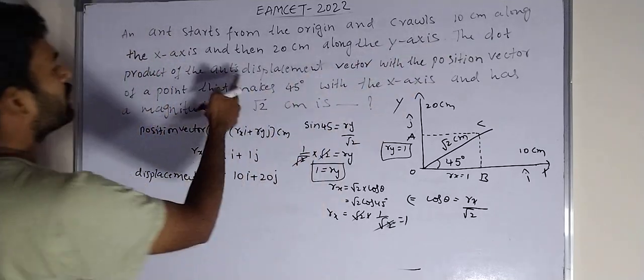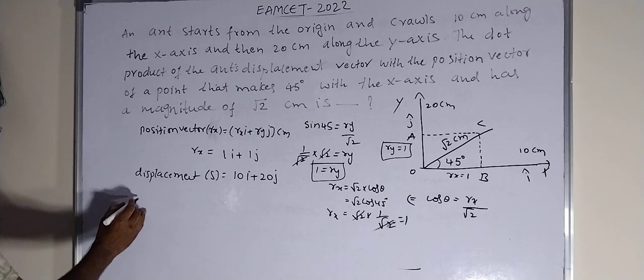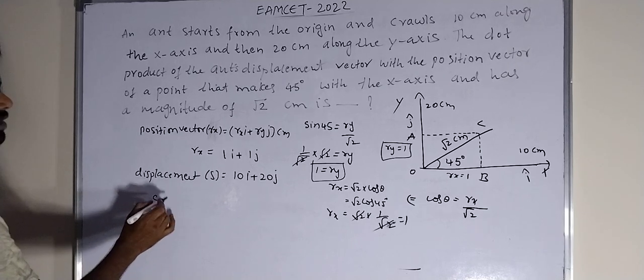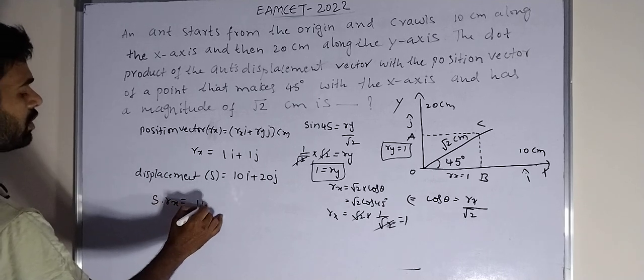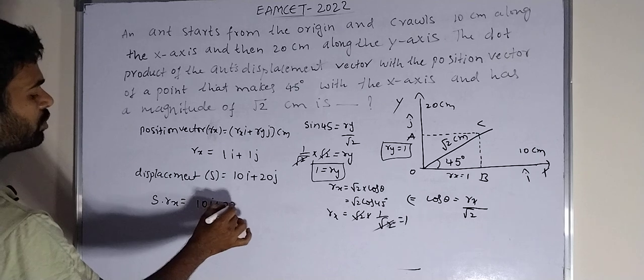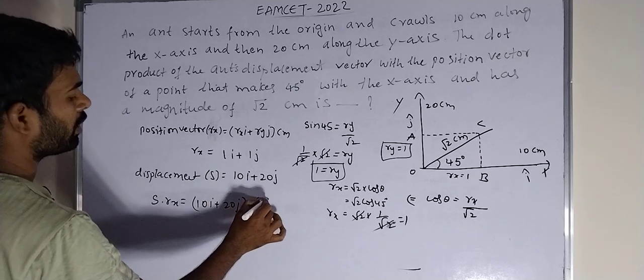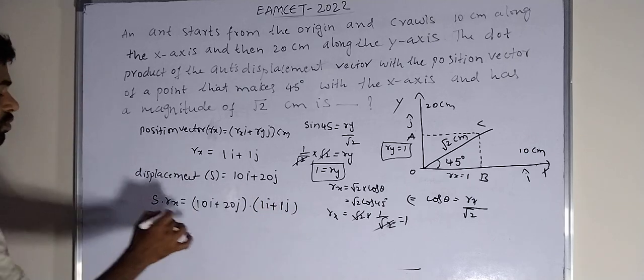So here what is given? The dot product of the ant's displacement with the position vector. Dot product of displacement and position vector: S dot R is equal to 10i plus 20j dot 1i plus 1j.